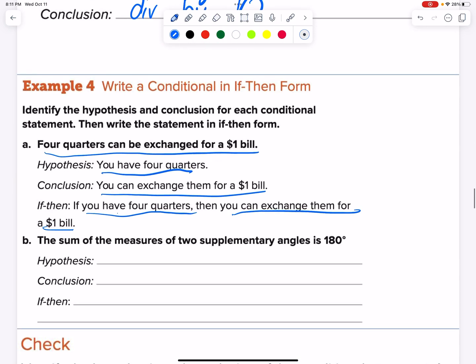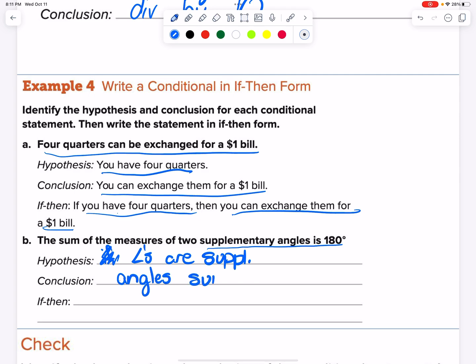This one says the sum of the measures of 2 supplementary angles is 180. So again, if, well, we don't want to include if, so we can say angles are supplementary. Then the conclusion is angles sum 180 degrees.